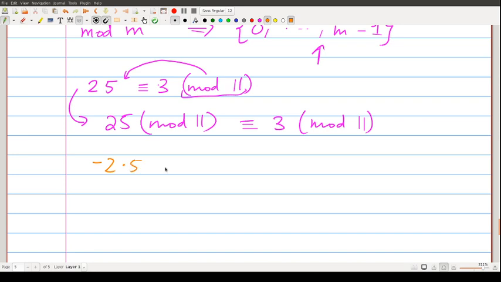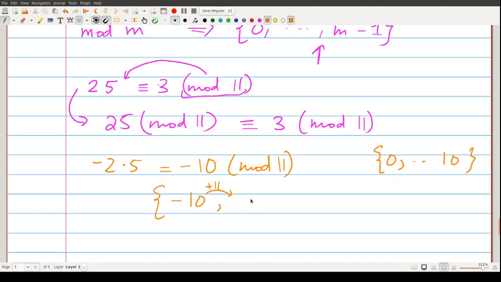Minus 2 times 5 is minus 10, and we want minus 10 mod 11. What is this going to be equal to from the numbers 0 to 10? You can find that by dividing minus 10 by 11 and finding the remainder, or you can add 11 and find the next number.